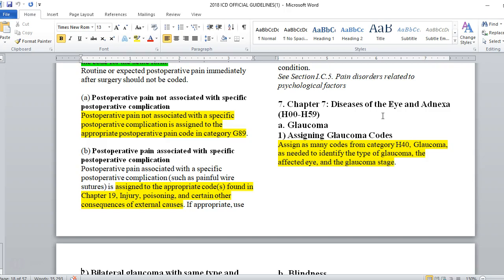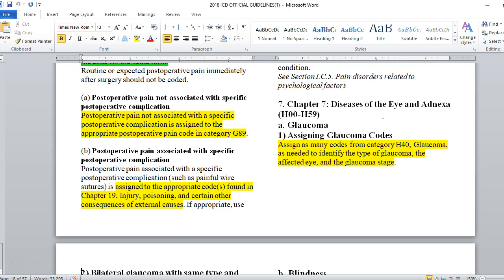There's many different types of glaucomas, and most of those glaucomas have stages to describe how much the patient can see. So when we're looking at glaucoma, what we're really looking for is documentation from the doctor about the type of glaucoma and the stage they have in both eyes.